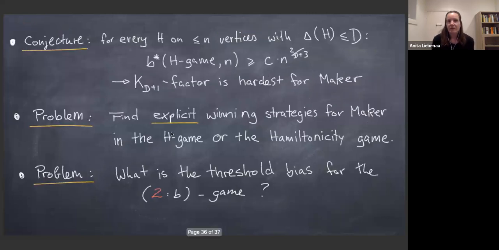So let me finish with some conjectures and problems. The first is our conjecture that getting the KD plus 1 factor is actually the hardest for Maker. So if you have some small constant times the same, like n to the 2 over d plus 3, if that's your bias, then in fact you can get any other graph H on n vertices with a maximum degree at most d.